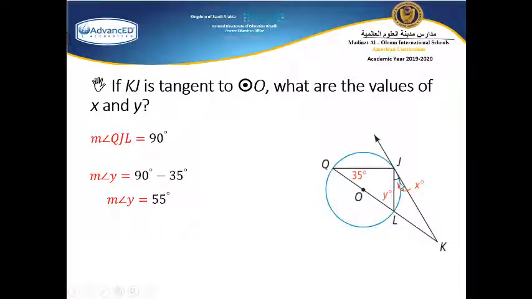Then the angle X, formed by the tangent and the chord JL, equals half the measure of the intercepted arc JL. The intercepted arc JL equals twice the inscribed angle Q, 35, so the measure of the arc JL equals 70 degrees. Then the angle X, formed by the tangent and the chord JL, equals half of 70, which equals 35.